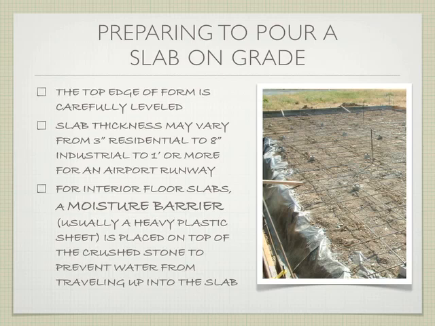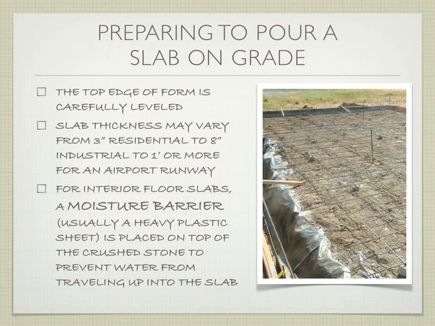The idea is it slopes toward the door. So if it's raining and you drive your car into the garage, it drips on the ground, that water will drip out as opposed to back in further toward your house, okay? So it's important to carefully level that top edge.